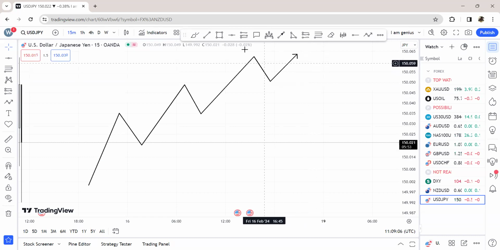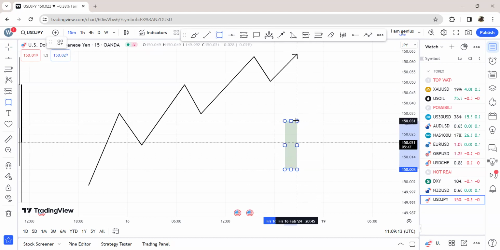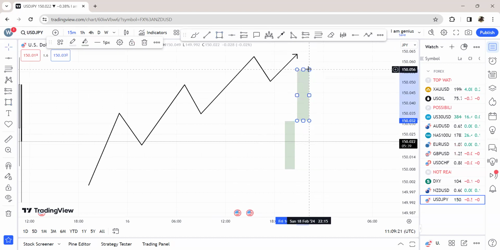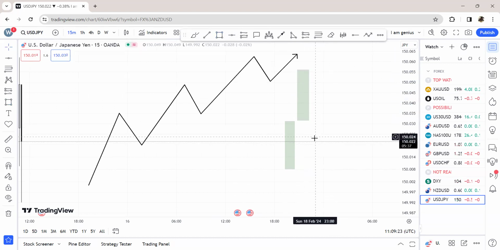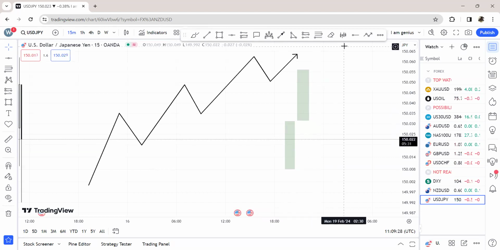By momentum candles, I just mean you have very large candles like this following each other, maybe this one and another very large candle in the direction the market is going. You have large candles like this, which have very little wicks. So that's one. You spot a few of these, you know that this is a strong trend.